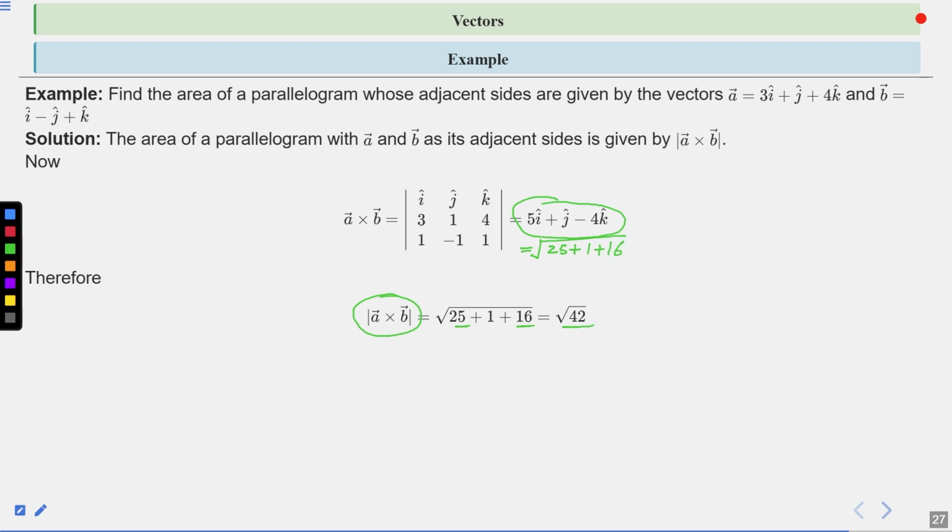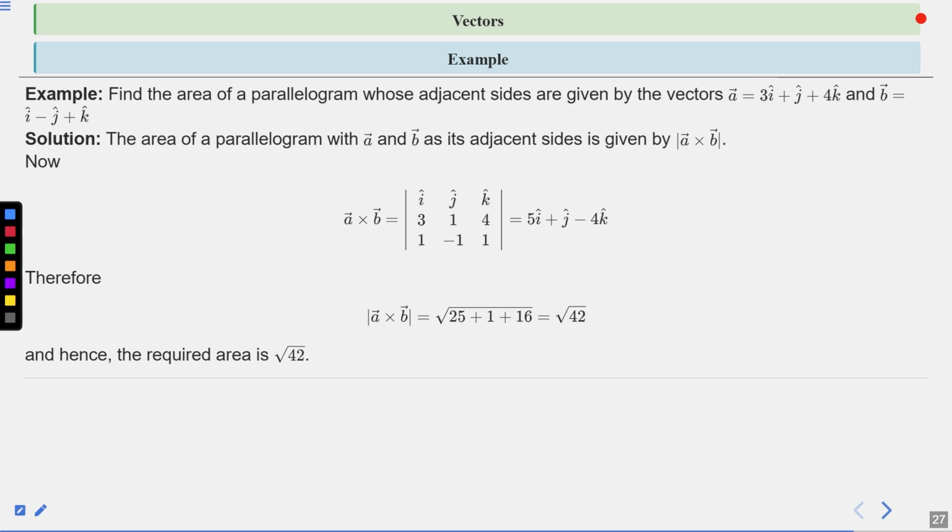So you will get under root 42. Clear? So hence the required area is under root 42.